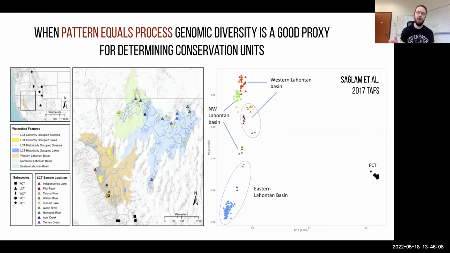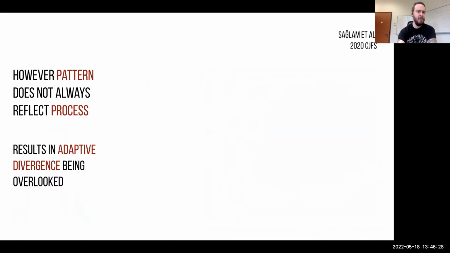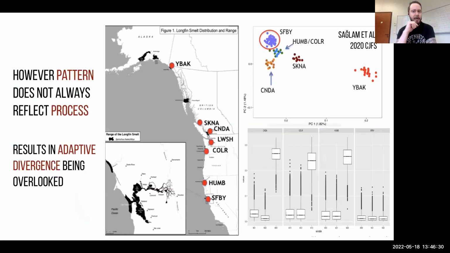So if we're going to implement some conservation measures, the measures that we implement for these aren't necessarily the same for this one. So again, in this sense, using large-scale genomic diversity patterns can inform us about how we should go about protecting species. But this is not always the case. So here's another example, a much more interesting example of a study that came out in 2020.